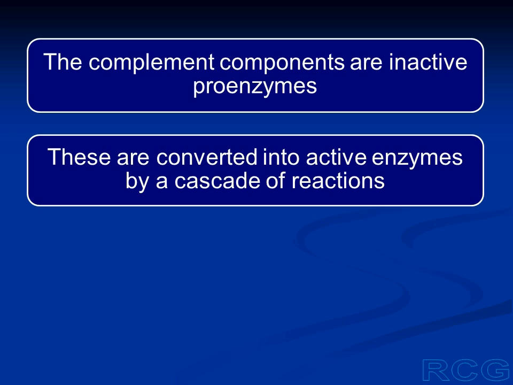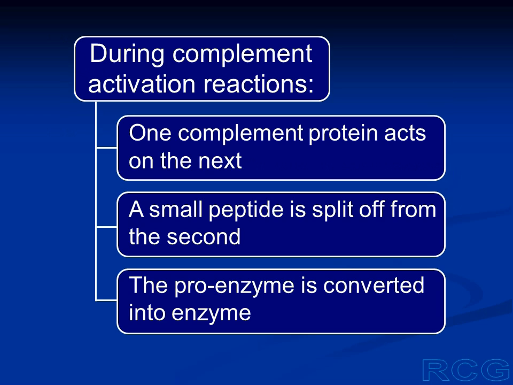The second acts on the third, converts the proenzyme into enzyme, and so on. So during the process of complement activation, one complement component or protein acts on the next, and this next complement component is split into two.